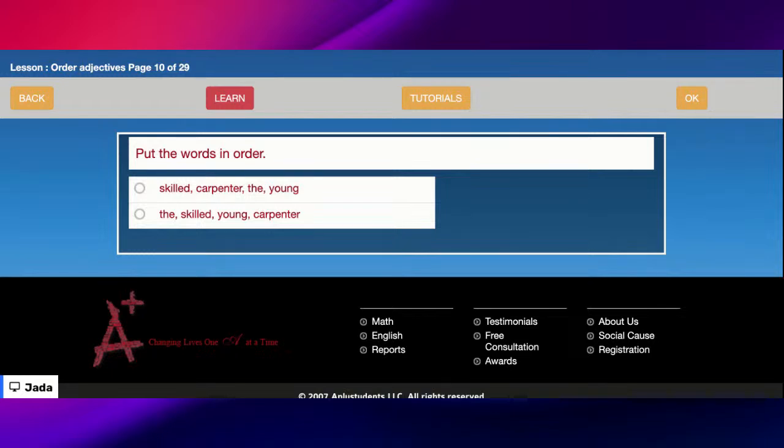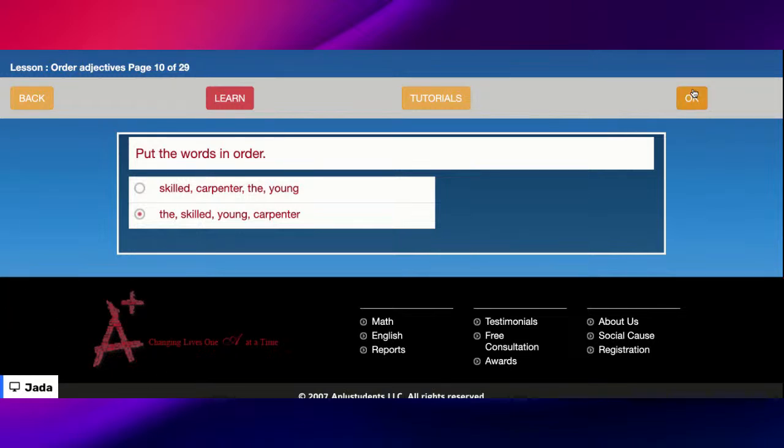What's the right answer here? The skilled young carpenter.